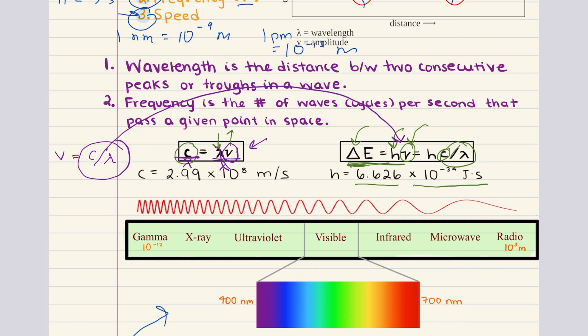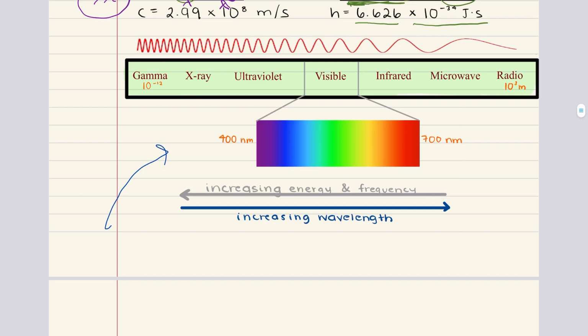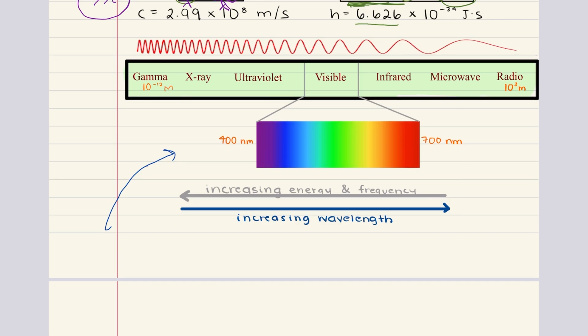Now, to visualize this, let's look at the electromagnetic spectrum again. This spectrum is essentially a range of all types of electromagnetic radiation organized by their wavelengths and frequencies. At one end, you have gamma rays, which have very short wavelengths, high frequencies, and high energy.